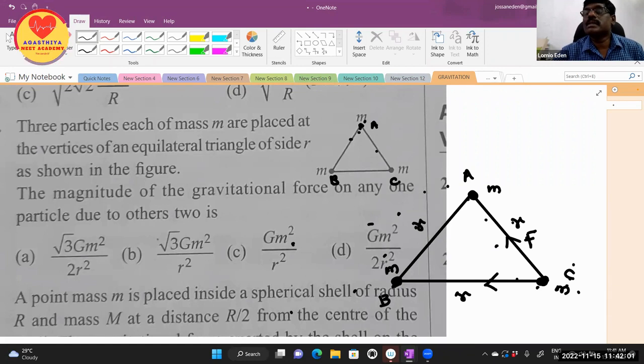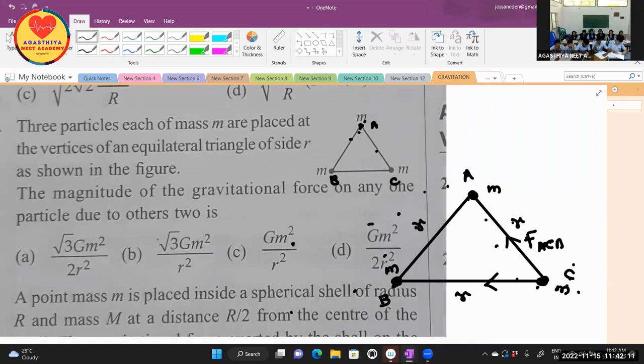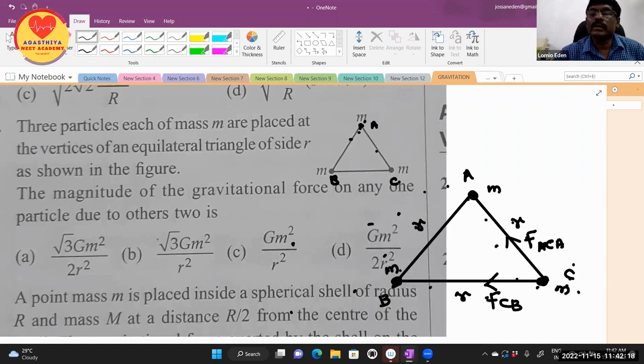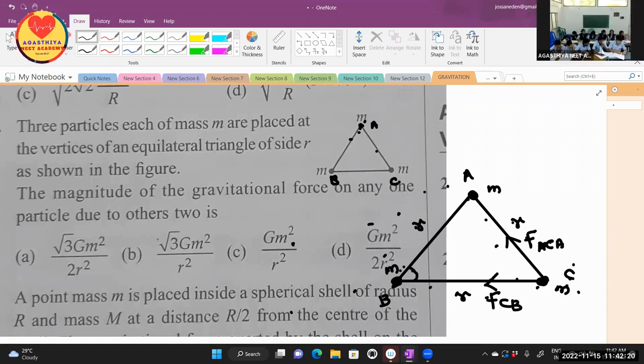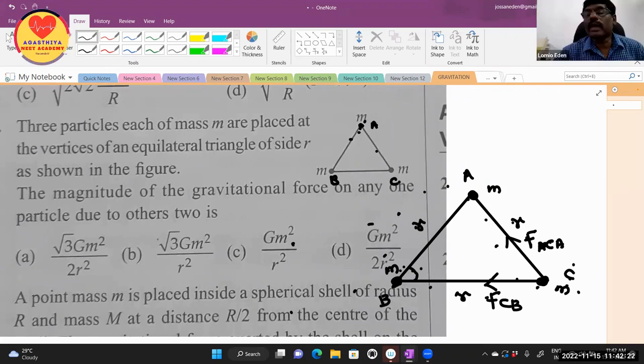The force CA, the force CB. It is an equilateral triangle. The included angle is 60 degrees.